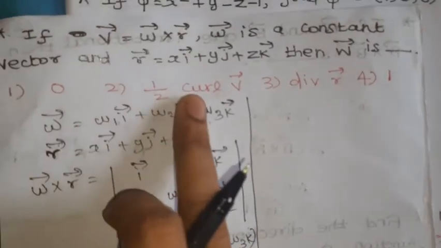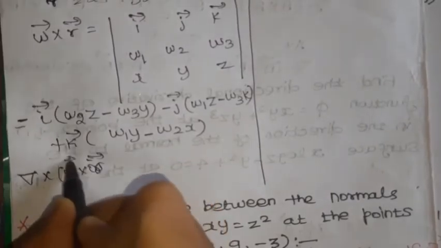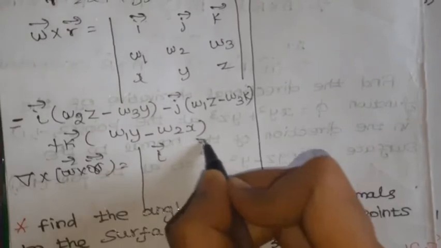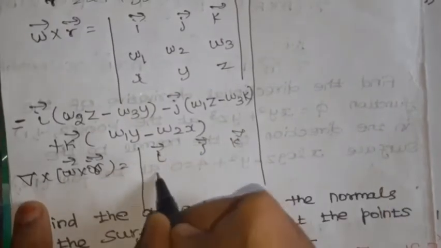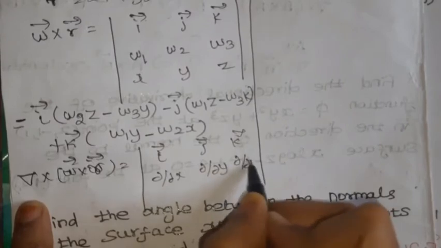Now we need to find out the relation between V and W; from the options we can find it. So now we have W cross R. Now we are going to find out del cross W cross R. Del cross means the normal IJK method: for del, ∂/∂x, ∂/∂y, ∂/∂z.